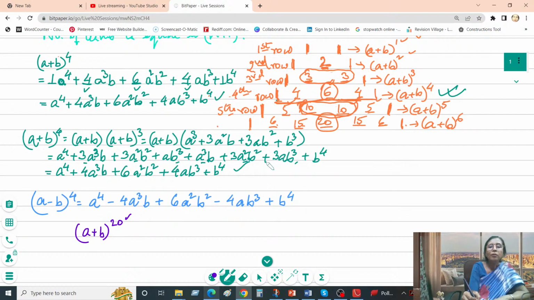That is why, even though the Pascal's triangle is so very easy to use, we do not use it very frequently. Because if the power or the value of n is a large number, then you have to do so much calculation, although simple calculation, but it will take a long time.